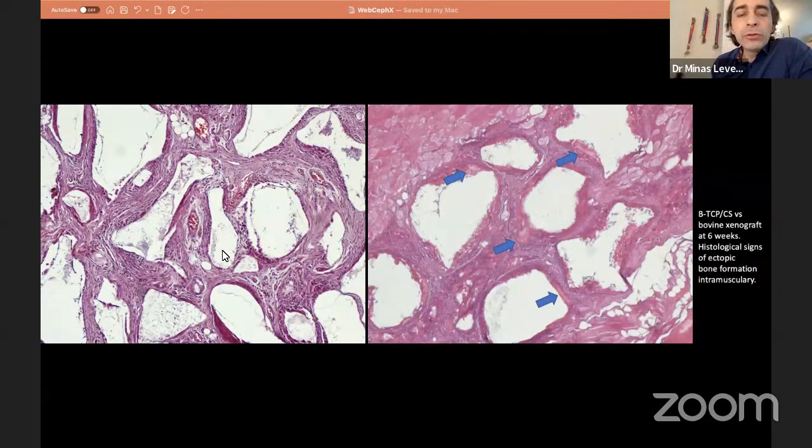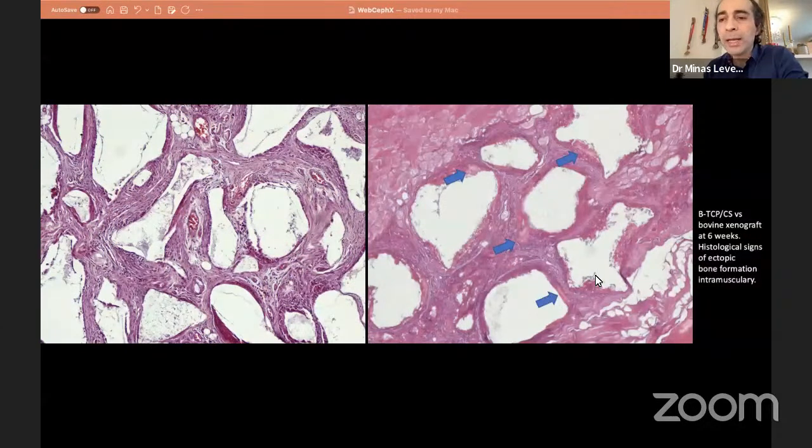The opposite, when we're using materials like xenografts that are not osteoinductive, they are only conductive, we don't find any bone at all. So this is the histology on the left side when we placed a xenograft into the muscle, and we had only the particles of the material surrounded by muscle and connective tissue.